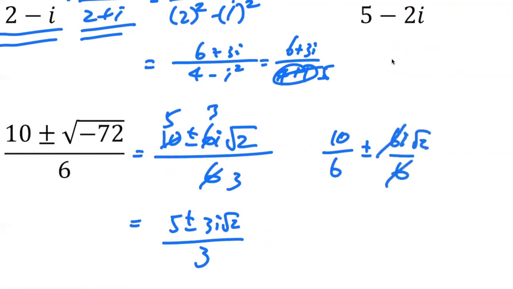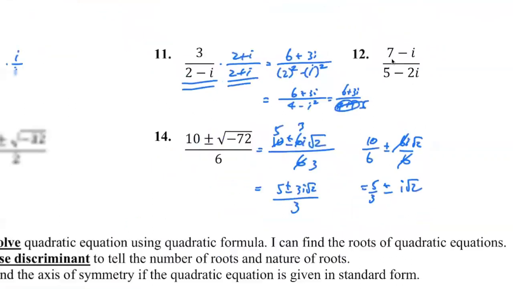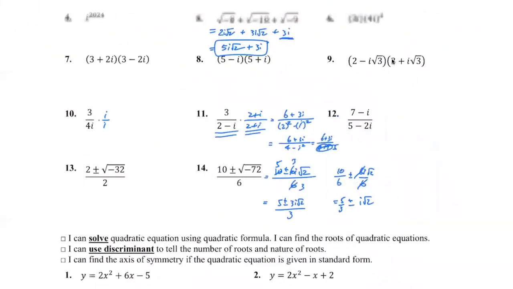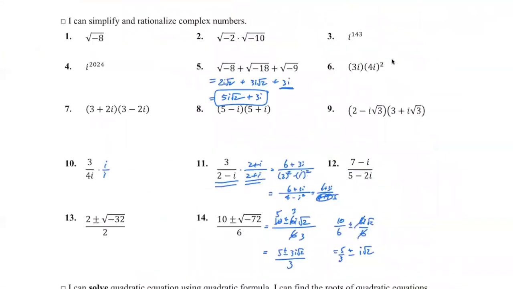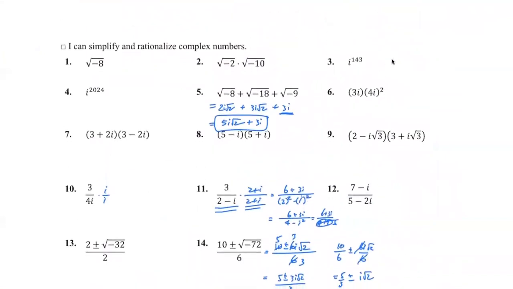And the benefit is that you have one less fraction to deal with, because 6 over 6 is 1. So here, it's just 5/3 plus or minus i root 2. I would take either one. That's fine, they are the same thing. They're equivalent. So that's how we will take care of these simple radicals, and radicals with a negative number, which gives us the imaginary, the i thing.